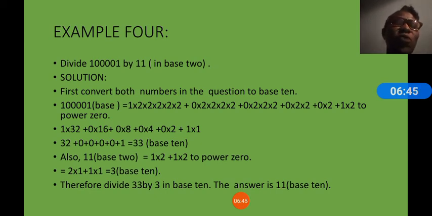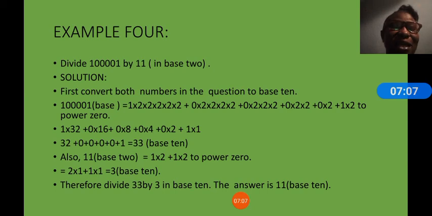This will give us 1 times 32 plus 0 times 16 plus 0 times 8 plus 0 times 4 plus 0 times 2 plus 1 times 1. And this will give us 32 plus 0 plus 0 plus 0 plus 0 plus 1. If you add it up, you get 33 in base 10 for the answer.